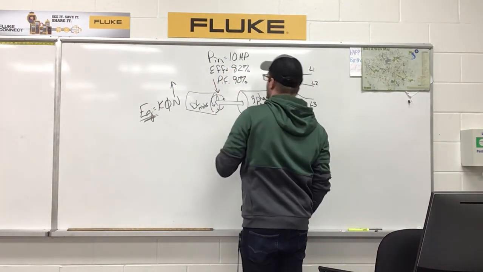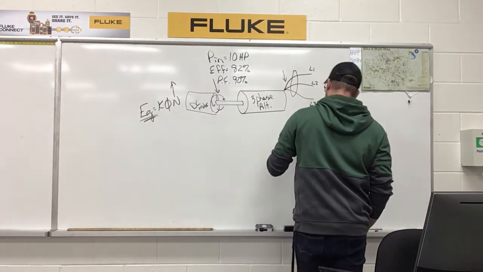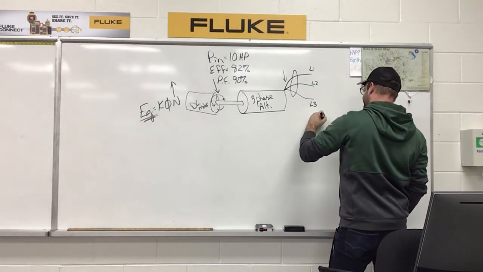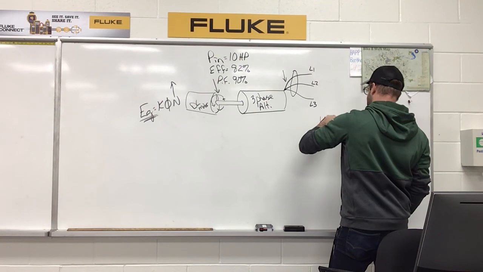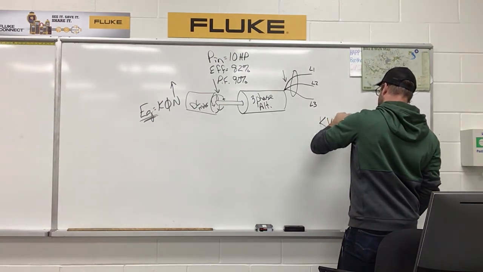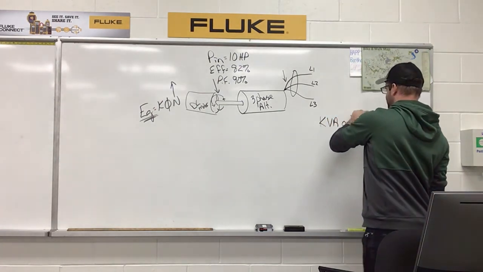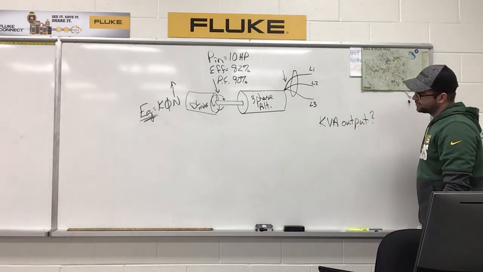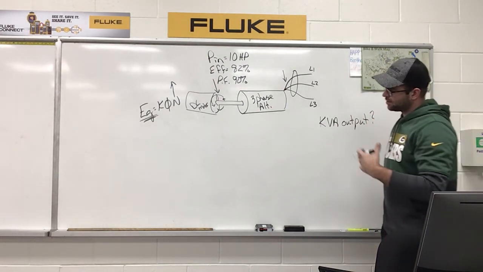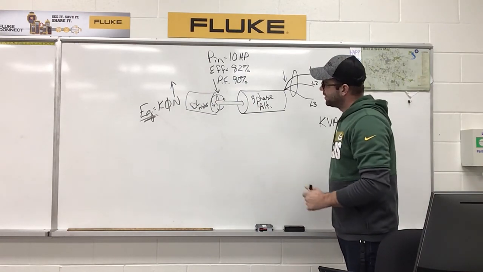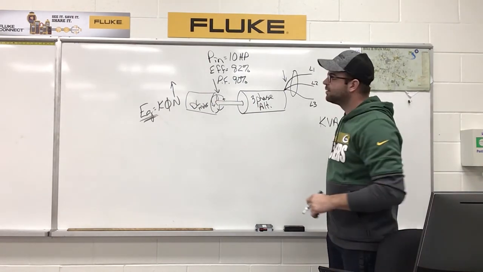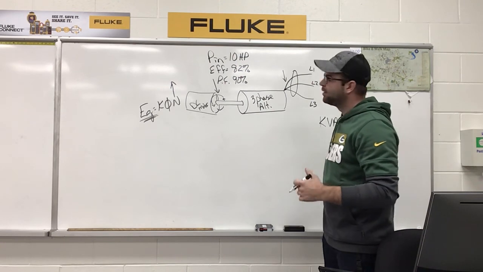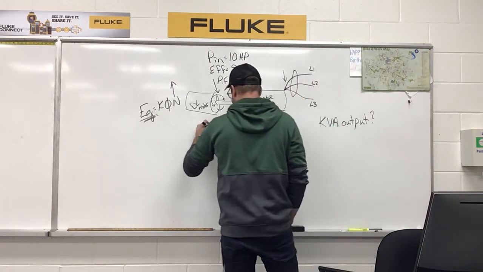And I want to know what my kVA output is. So kVA output is what the question is. Okay, so there's a lot to unpack here with this one, but we know that our power in is 10 horsepower, so that's over here.